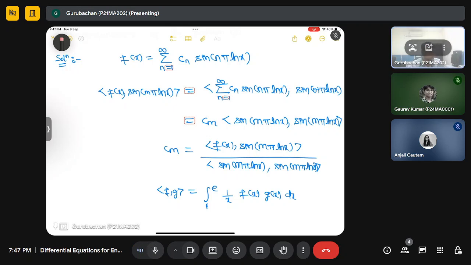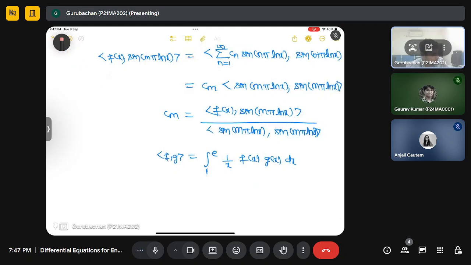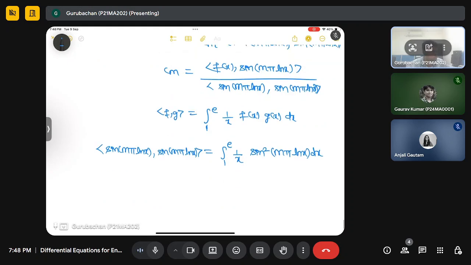So now we can first calculate the denominator. This will be the inner product of sin(m pi ln x) with sin(m pi ln x), which is the integral from 1 to e of 1 by x sin squared(m pi ln x) dx. What will you do?